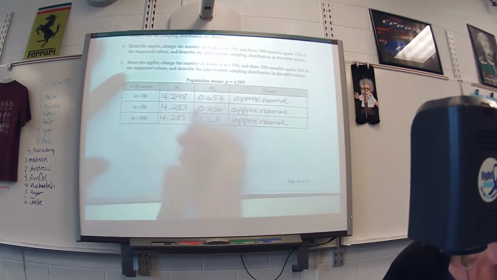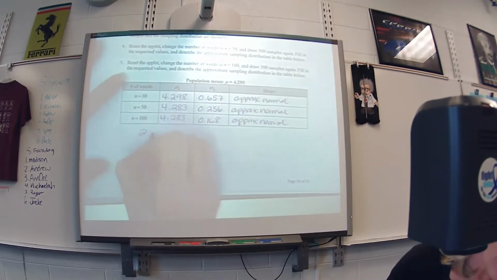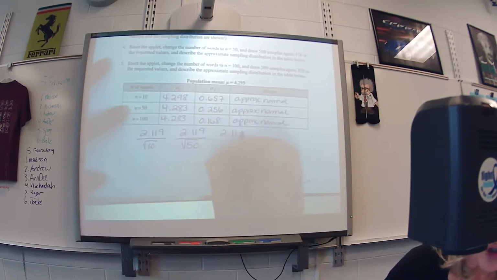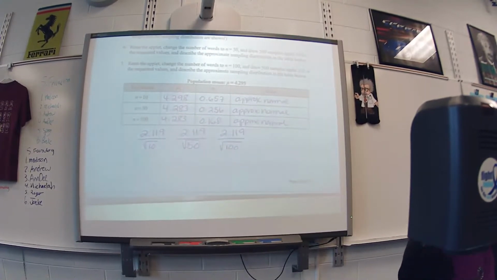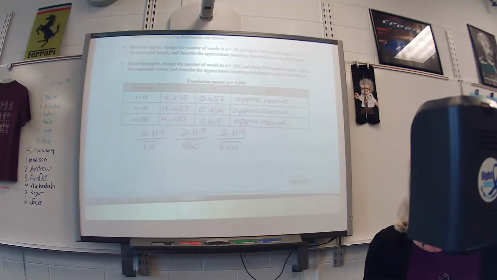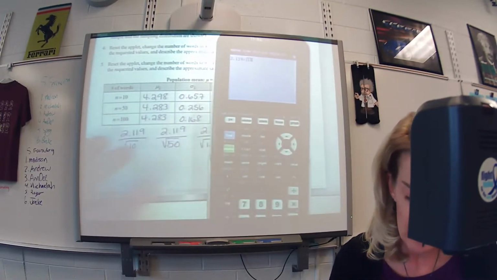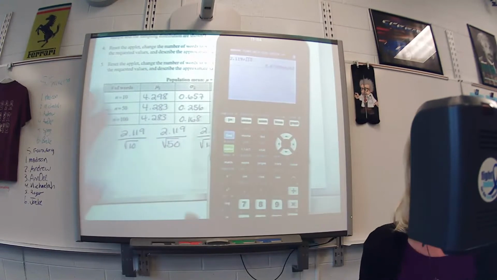Let's see what happens. If I took that 2.119 and divided by the square root of the first n size, or 2.119 I divide by the square root of the next n size, or 2.119 I divide by the square root of that n size, do they work? Do they come close? 2.119 divided by the square root of 10, 0.670.